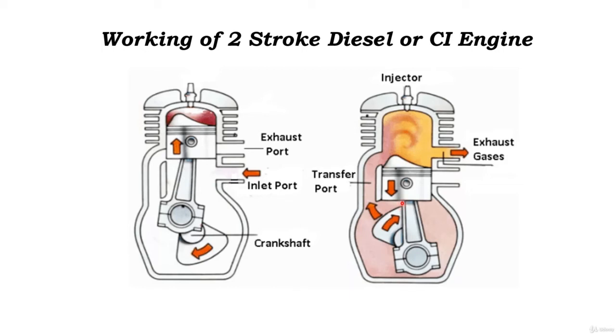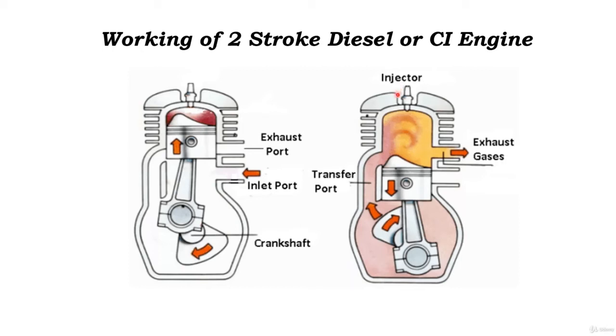During the power stroke, when the piston is moving from TDC to BDC, you can see here the exhaust port gets uncovered, and the residual gases are given out to the atmosphere.